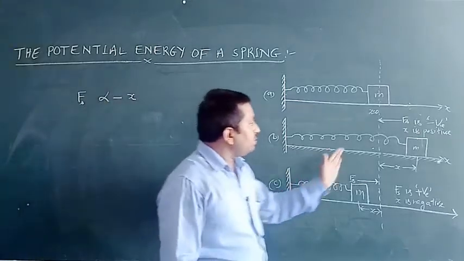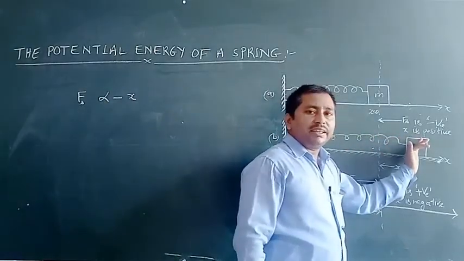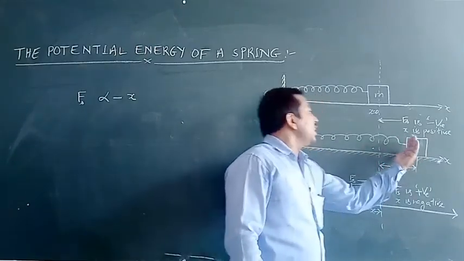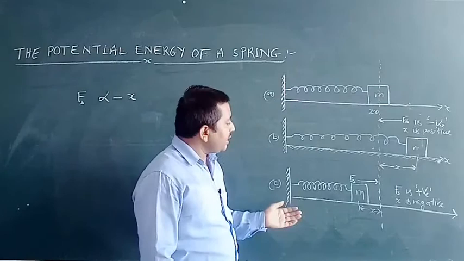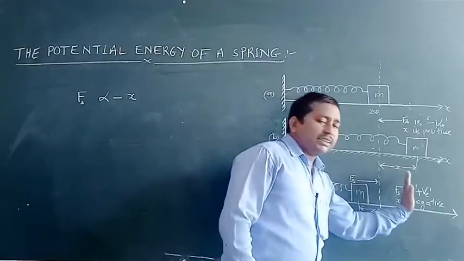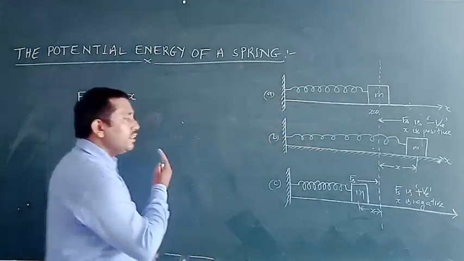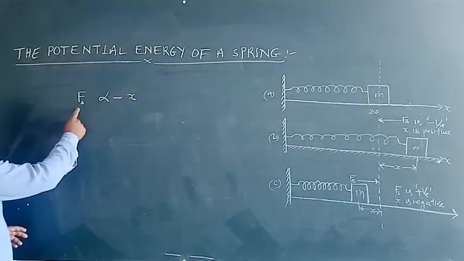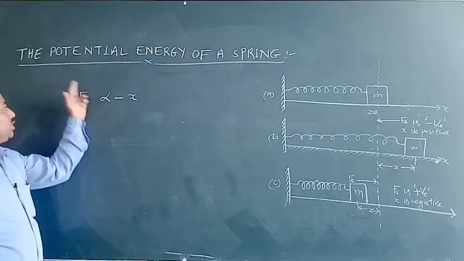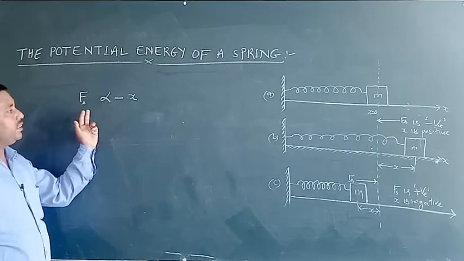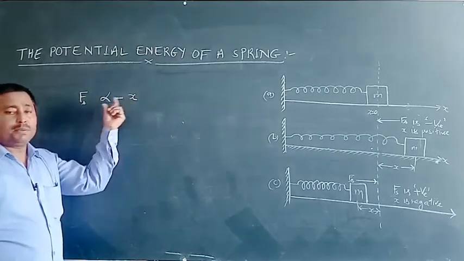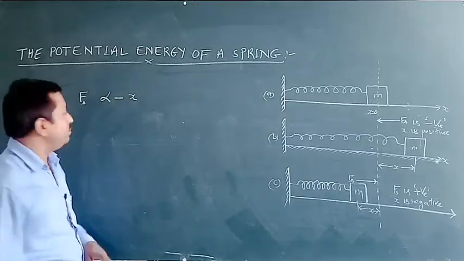It means when the object is displaced towards the right side, the restoring force by the spring acts towards the left side, and when the displacement is towards the left side, the spring force acts towards the right side. So Fs is directly proportional to the negative of the displacement of the object.